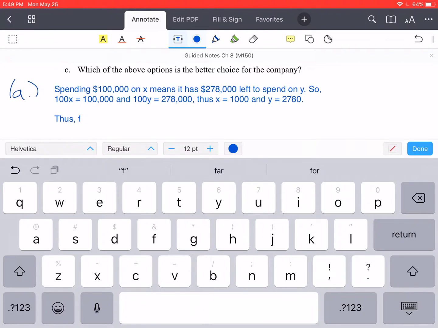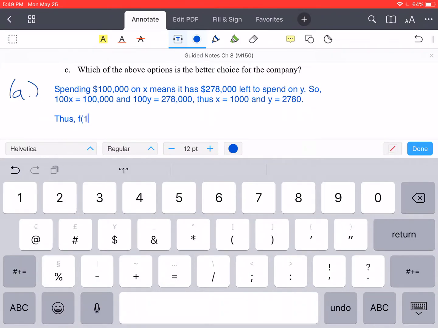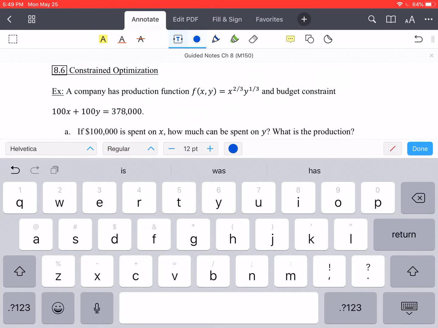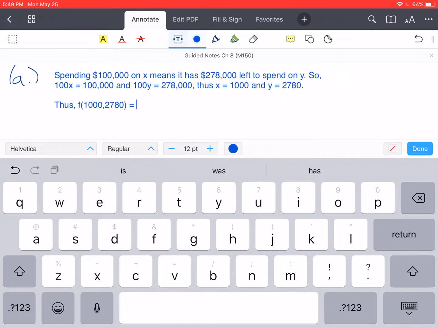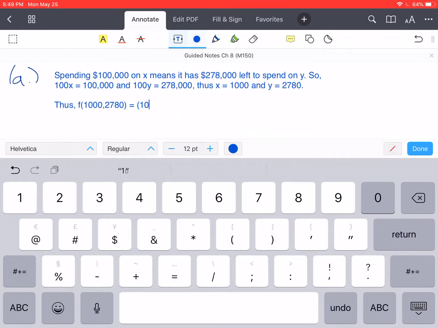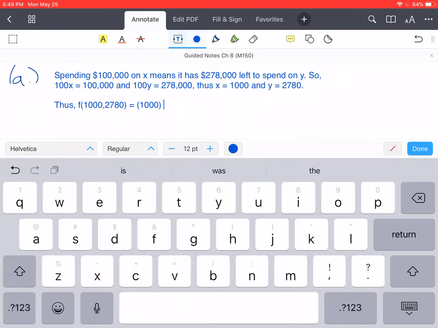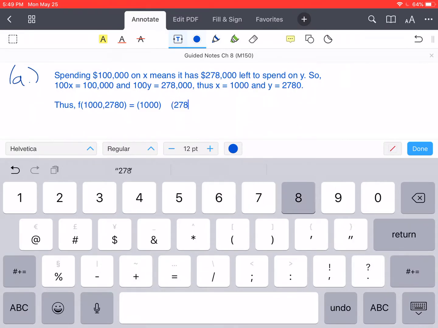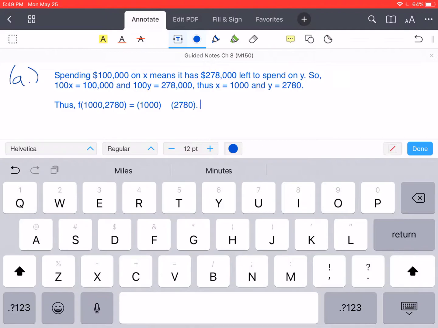So if we're looking at the function, so f of 1,000, 2780 equals, so let's look back at the function again, right? It's x to the 2/3 times y to the 1/3. So that's going to be 1,000 to the 2/3 times 2780 to the 1/3.